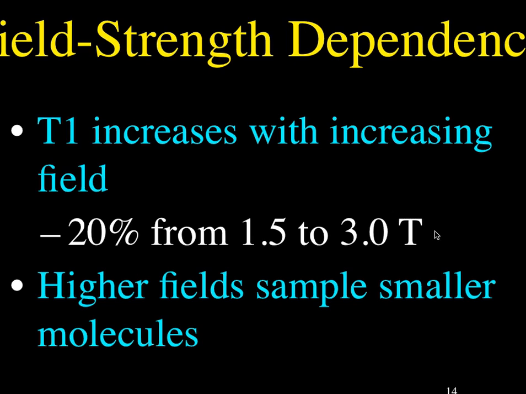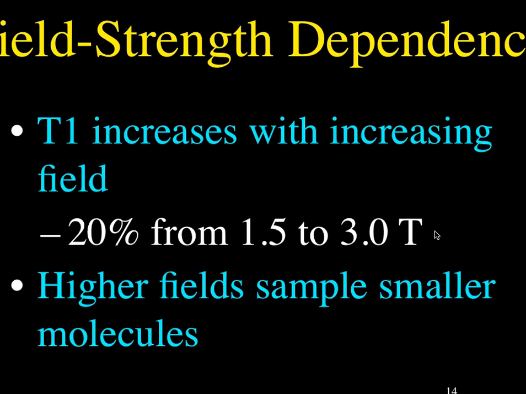When you go to 3 Tesla, the tissues tend to have large macromolecules, and most of the tissue there are fewer molecules of the right size to resonate, to be vibrating and tumbling at the Larmor frequency, and therefore the time to recovery becomes slower.